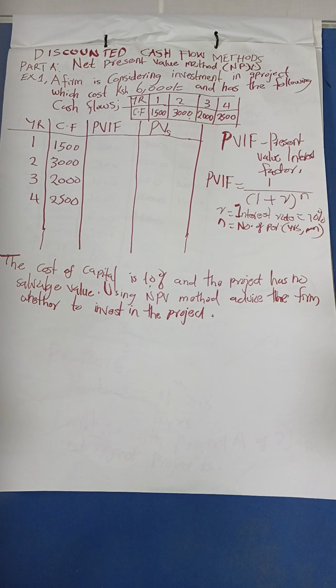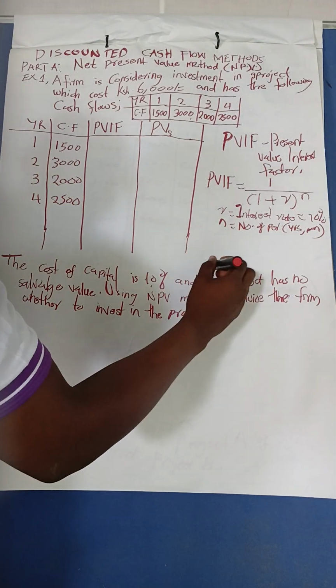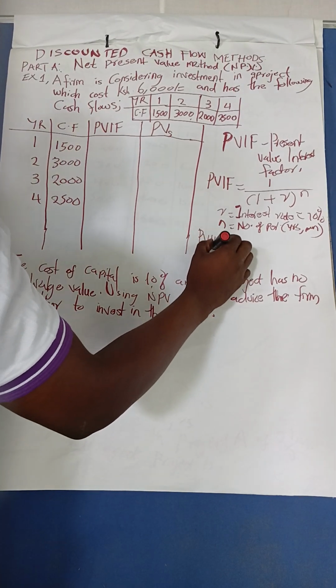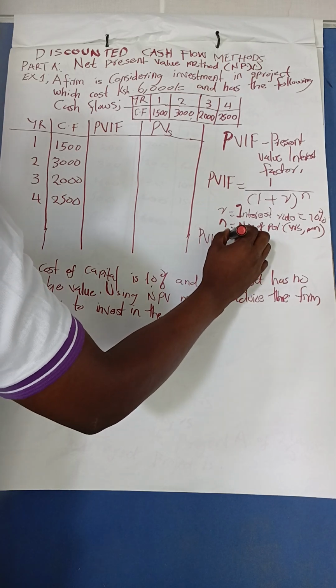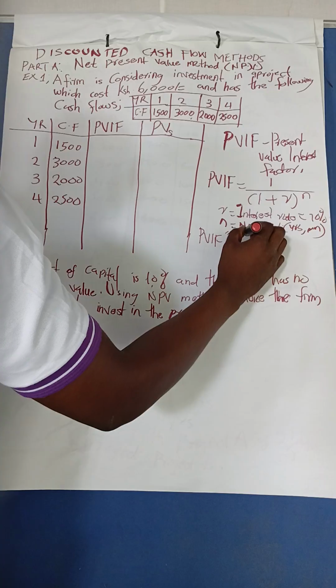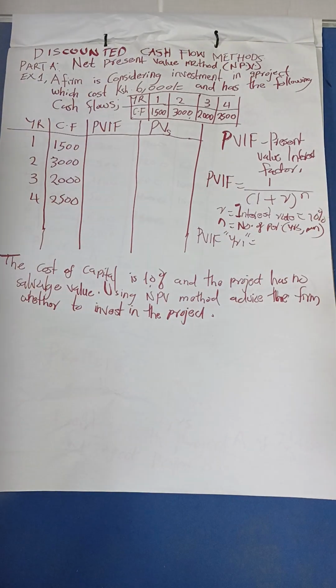Good. So let's do it now here. What is the PVIF for the first year? So I can do the PVIF for year 1, which will be equal to 1.